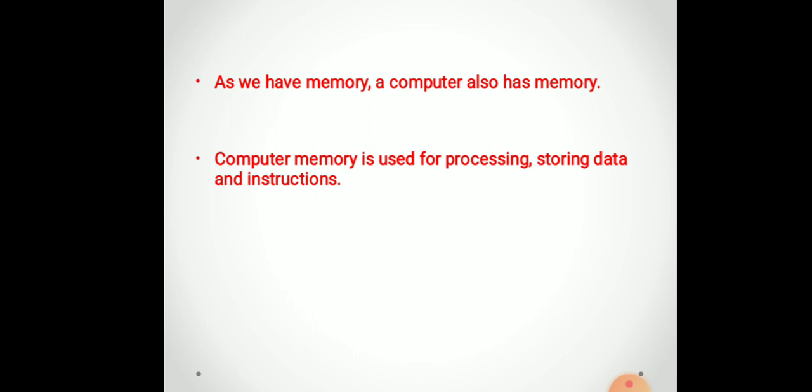This computer memory is used for processing the data. I already told you CPU is the processing device, and to process this data, some information has to be stored. So for processing, and for storing data and instructions, computer memory is used.